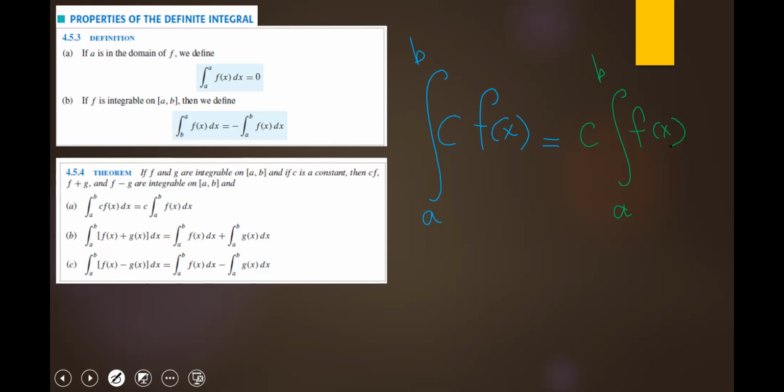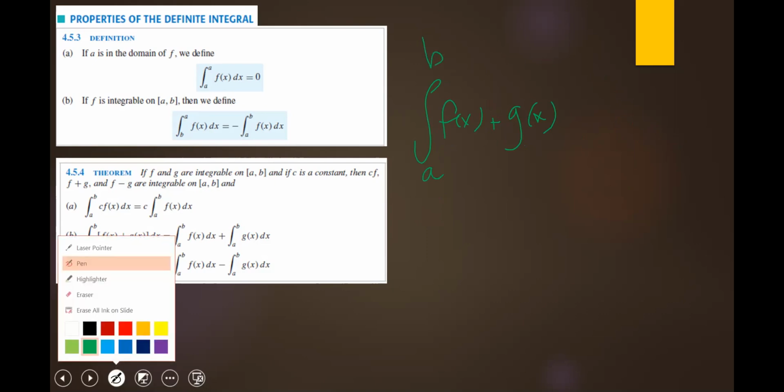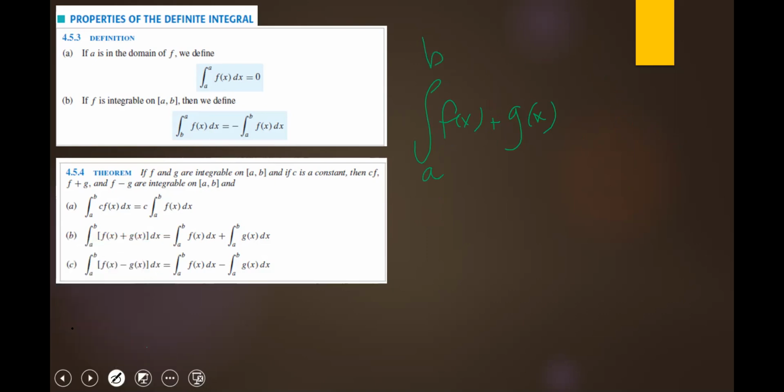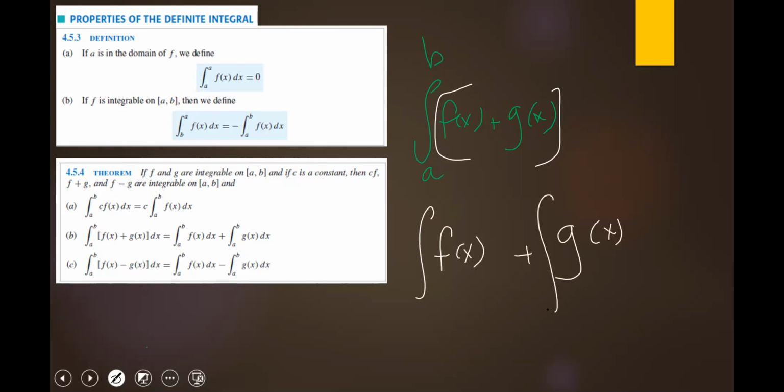The second one: if you have two functions that are added, f of x plus g of x from interval a to b, you just distribute the integral sign into f of x and into g of x, with the numbers.